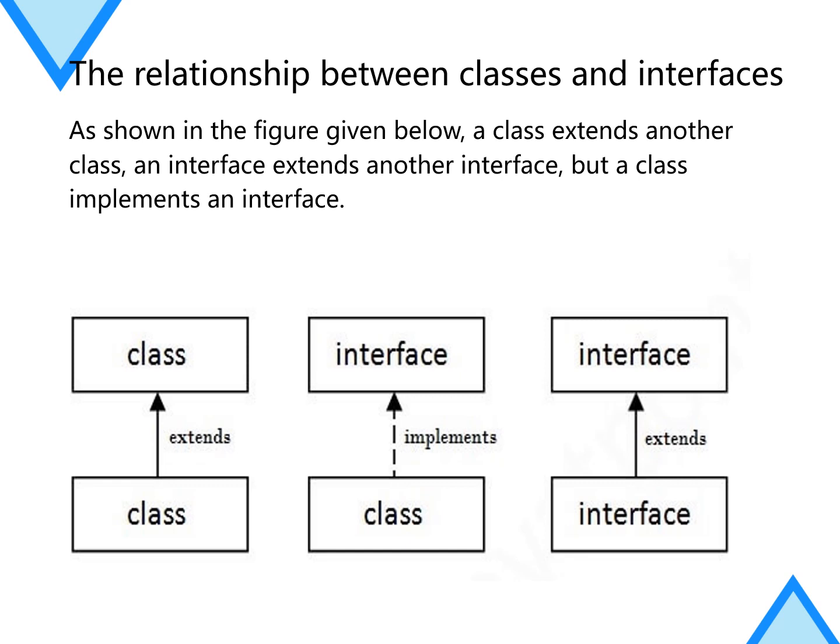But a class implements an interface. So the relationship between class and interface is that an interface can be implemented by a class. We can say a class implements an interface.